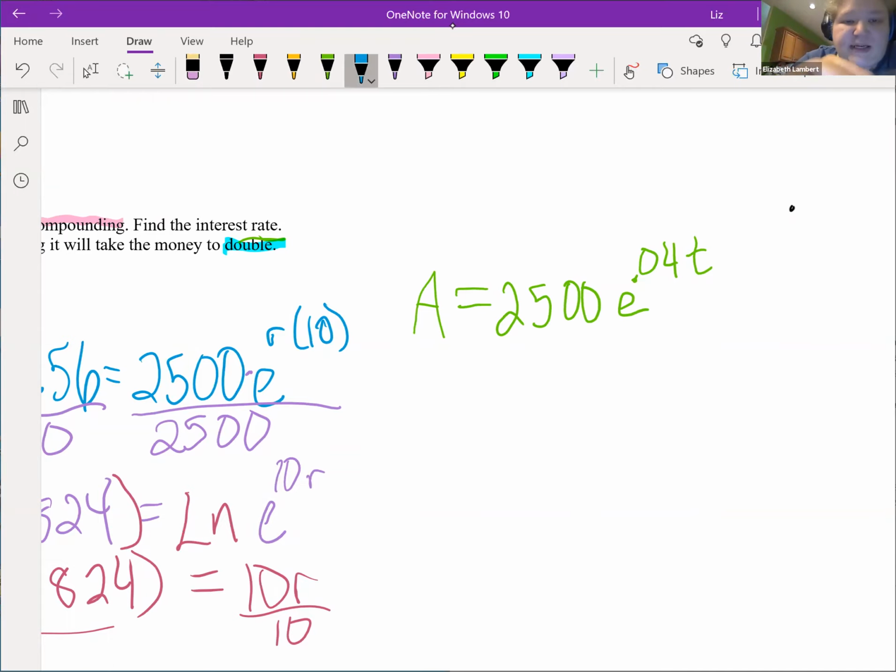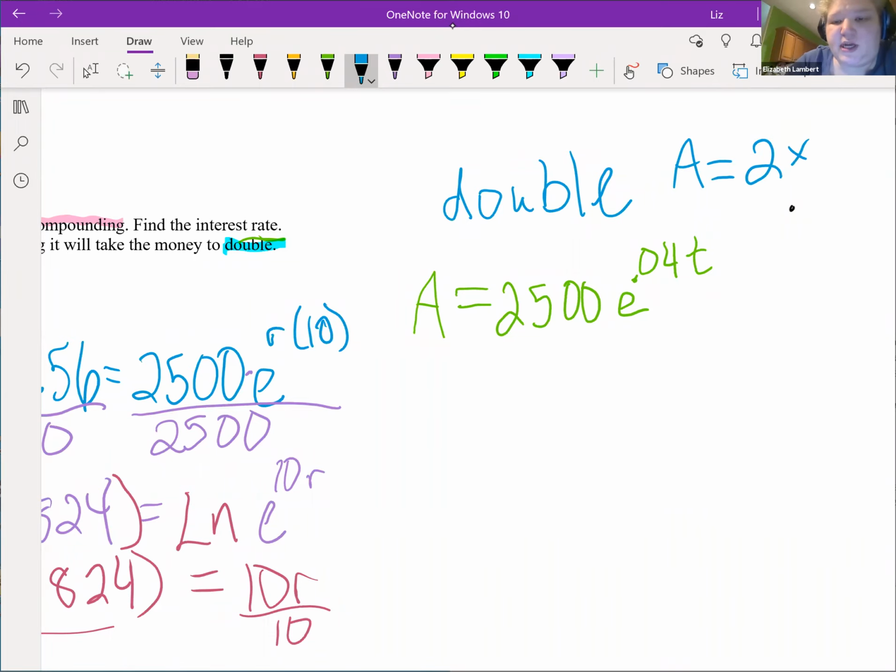So we're looking at doubling. So if we started with 2,500, then our double amount is 2 times 2,500. Now I know that's 5,000, but I'm actually leaving it like that on purpose. So watch what happens when I put that in.